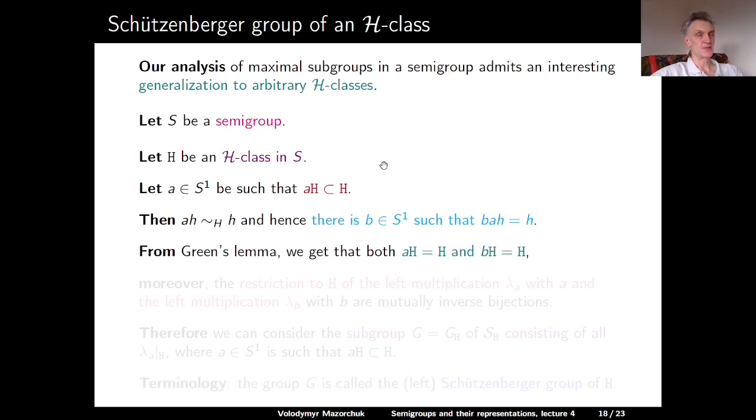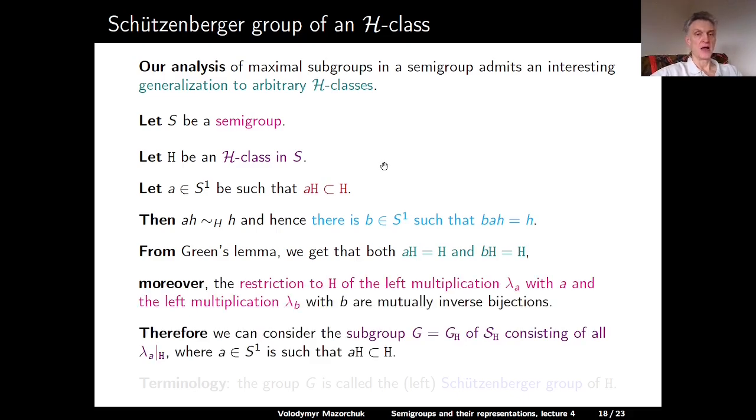From Green's lemma, we get then that both aH is equal to H and bH is equal to H. So left multiplication with a and b are mutually inverse bijections when restricted to our class H. Therefore, we can consider the subgroup G of the symmetric group on H, which consists of all restrictions to H of left multiplications with all possible elements a in S^1 such that aH is a subset of H.